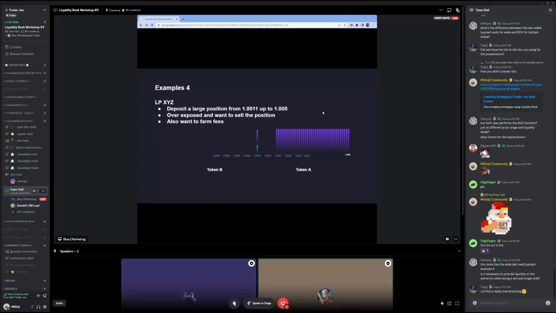So it might be the active bin, might be later, and the single-sided liquidity approach allows you to select any point in the future. You can decide to start selling at 3,000 to 4,000 and no one stops you from deploying liquidity in that specific range.